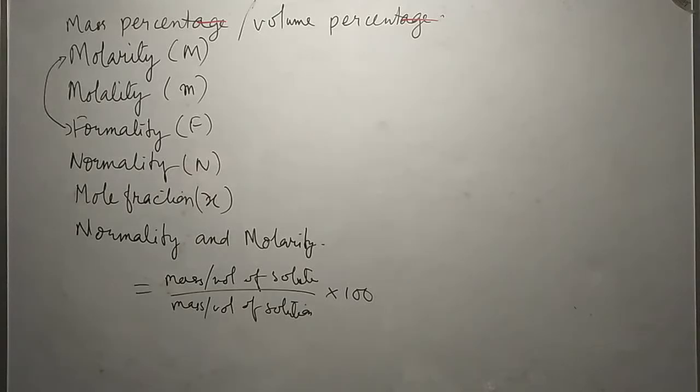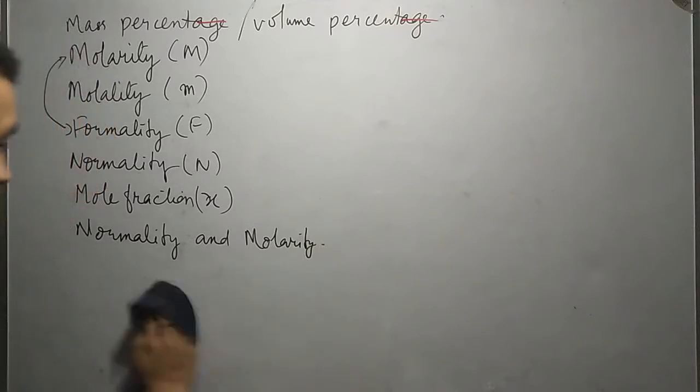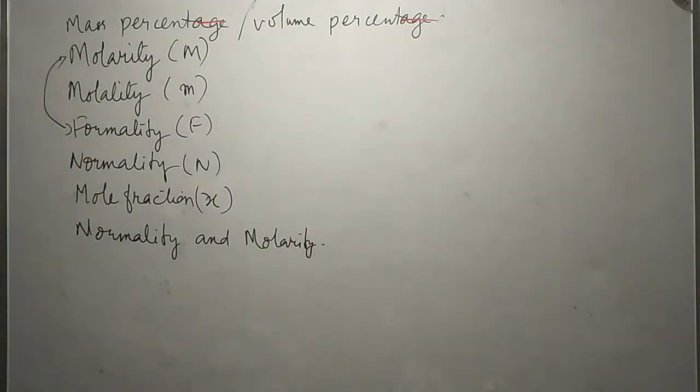Then the next one is molarity. Molarity and molality have a slight difference. In molarity we use the volume, in molality we use the mass. Molarity of a solution is defined as the number of moles of solute dissolved per liter of the solution.